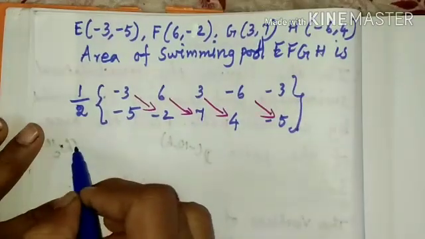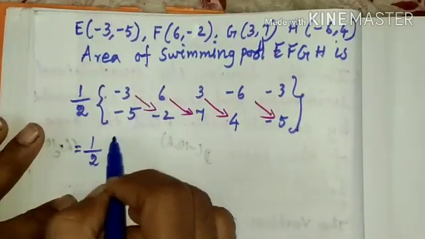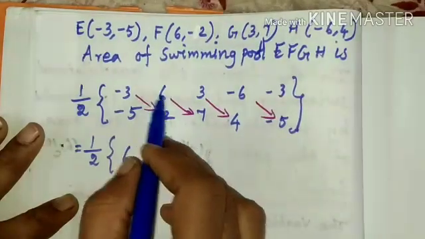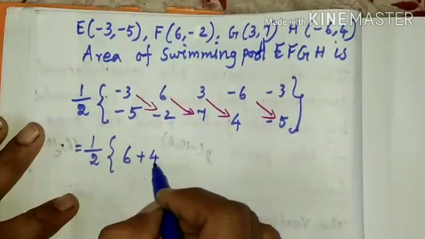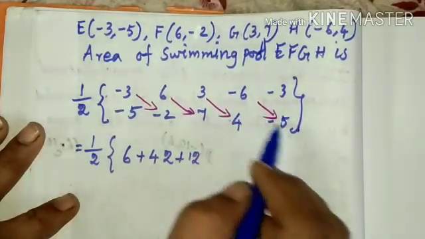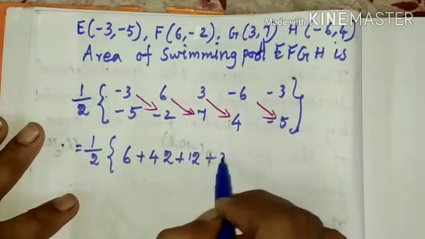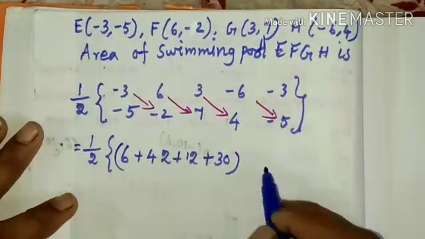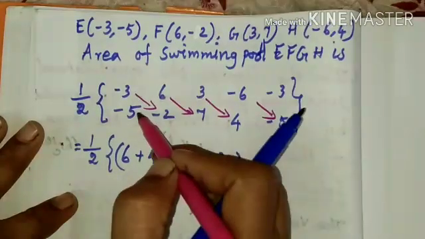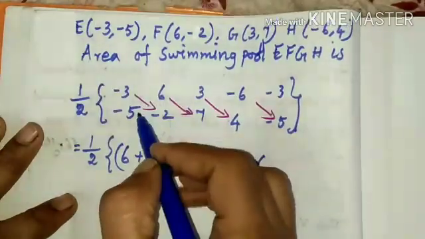We get half into: -3 into -2 is plus 6, 6 into 7 is plus 42, 3 into 4 is plus 12, -6 into -5 is plus 30. Minus of, now you have to multiply from bottom to top.